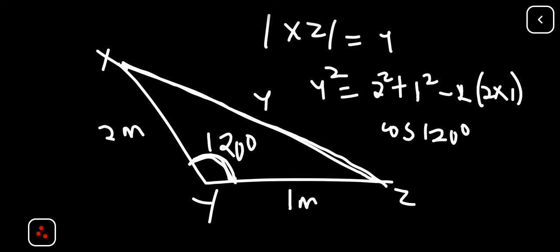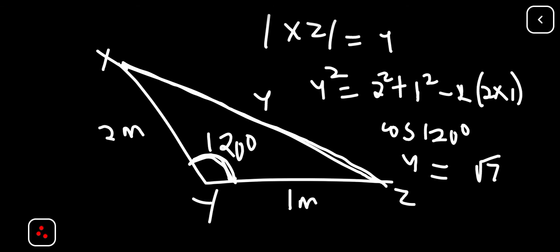Now you can solve and get your answer. Your answer would be root 7 if you solve everything. We're not going into detail, we're just showing you what it's like. That would be your value for y.